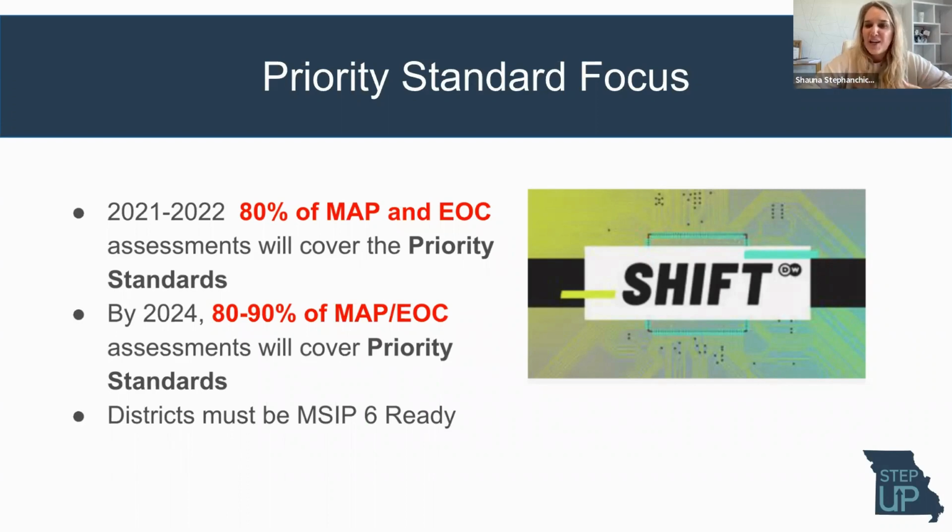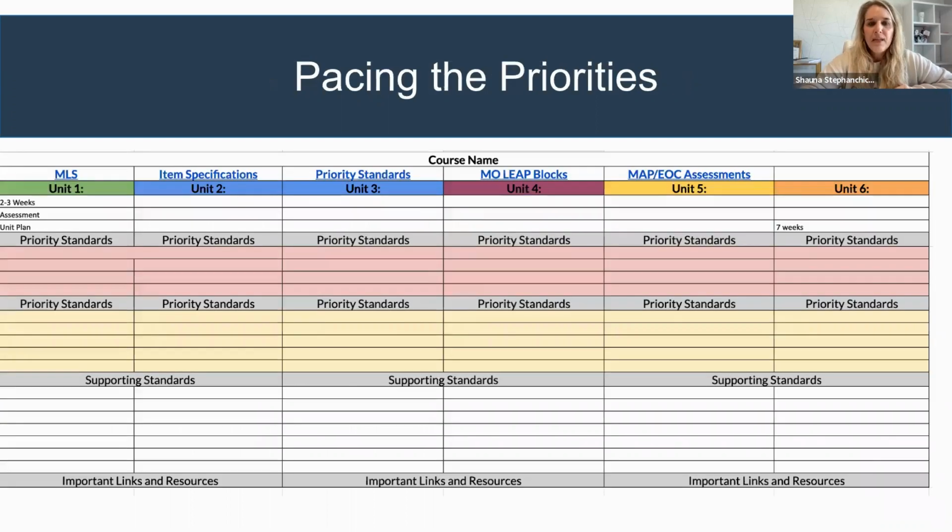So if there are any standards you're going to make proficiency scales over, make sure that they are over the priority standards. And before you start diving into scales, we want to make sure that you have a pacing guide, or that you've paced those priority standards. So this is just an example of a template, but you need to know in every unit, where do your math priority standards fall? Okay, so this would be a foundational piece.